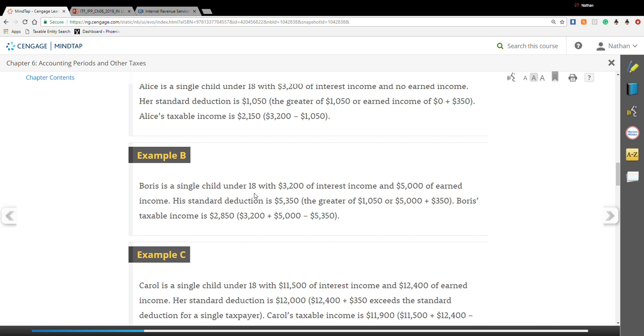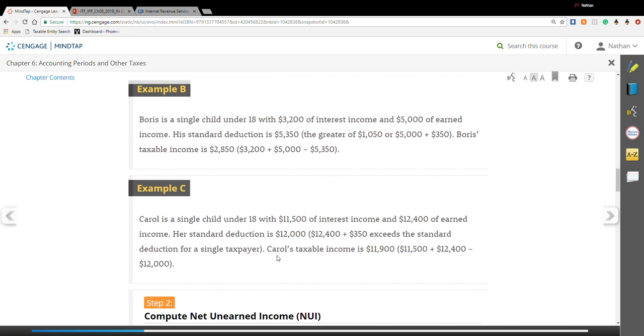Boris is a single child under 18 with interest income of 3,200 and 5,000 of earned income. The standard deduction, if we're using the kiddie tax, is 5,350, because it's 5,000 of earned income plus 350. So taxable income is basically 3,200 plus the 5,000 minus his standard deduction.